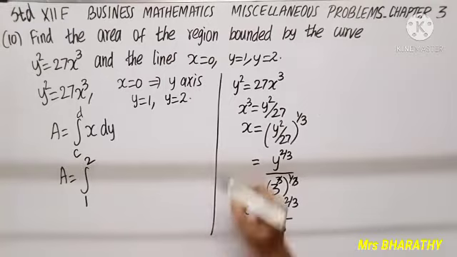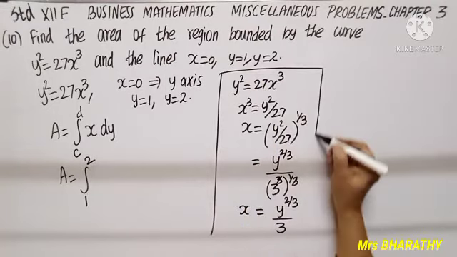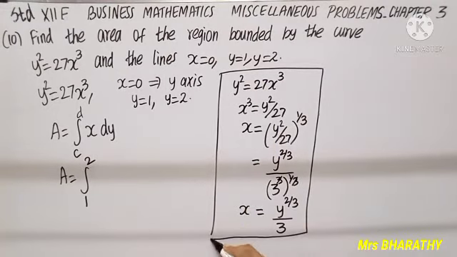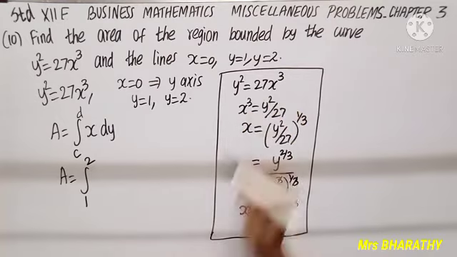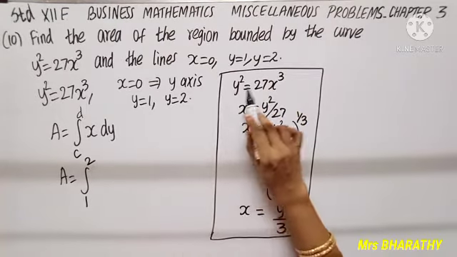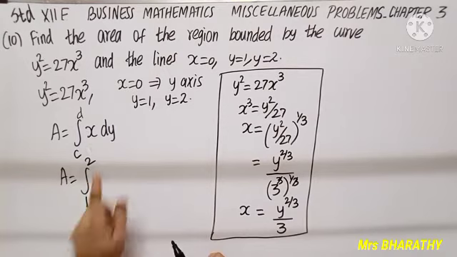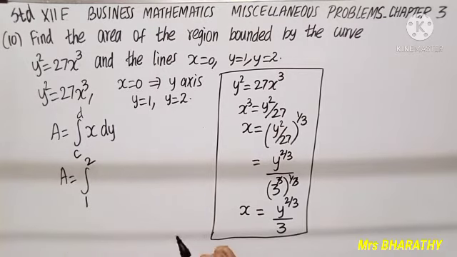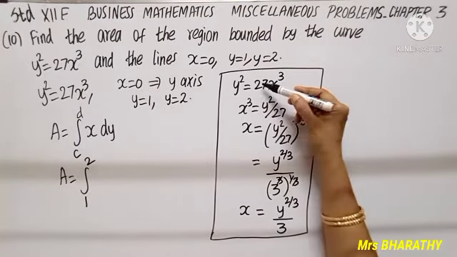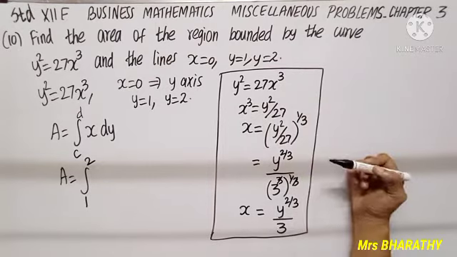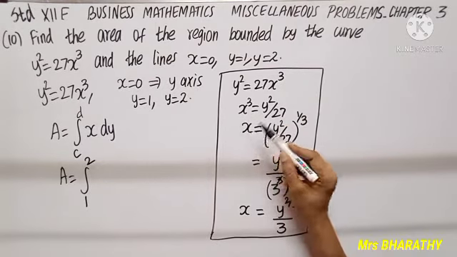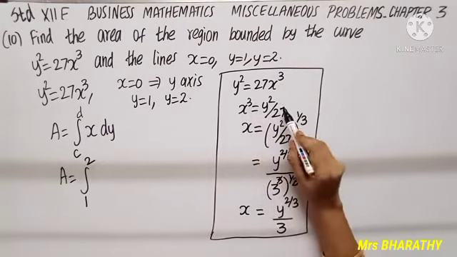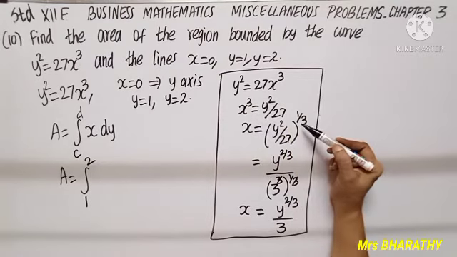So it's a calculation that leads us to find what is x from the given equation. Y square is 27x cube, but I want only x. So keep x cube, bring 27 down. I want only x. Take 3 to the other side as power 1 by 3.